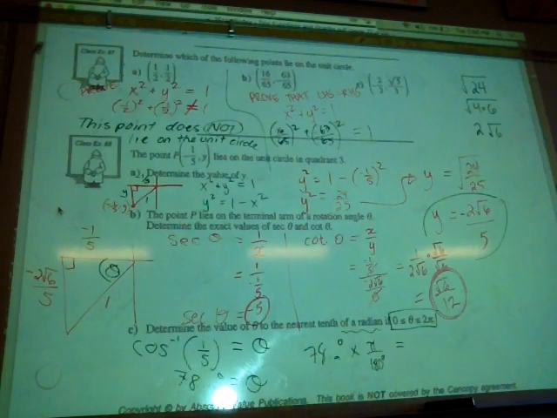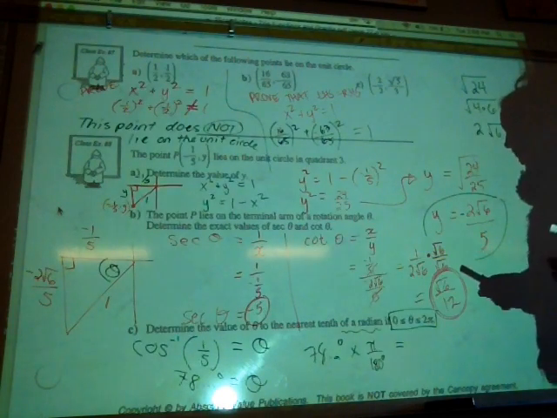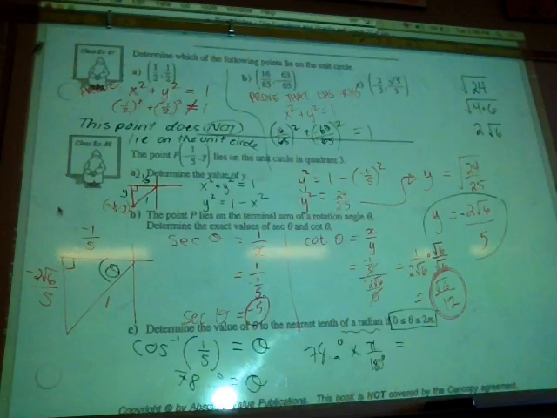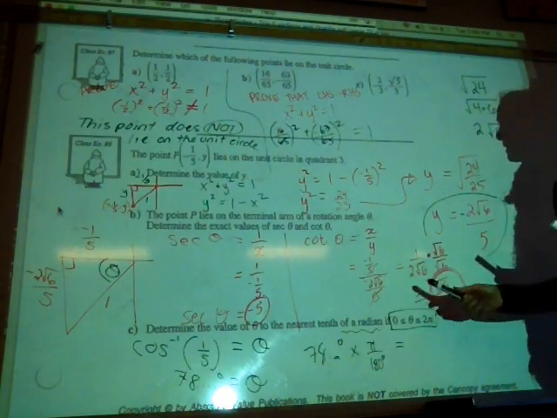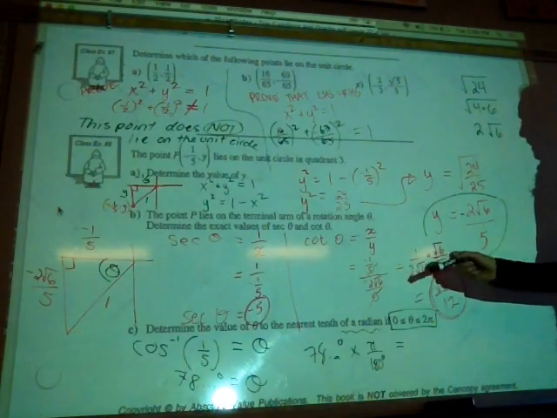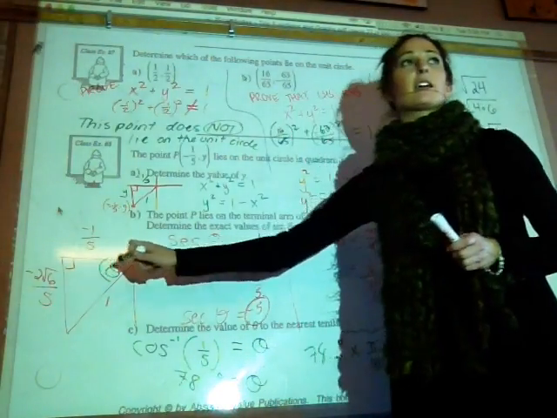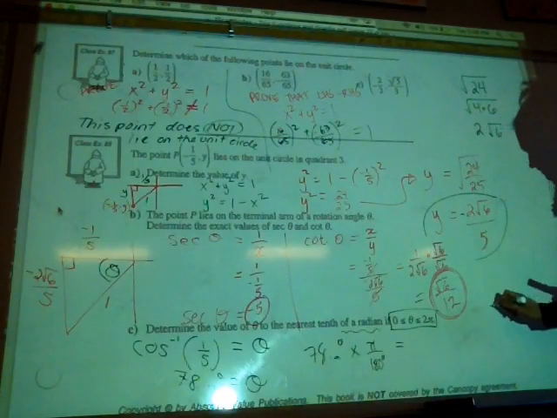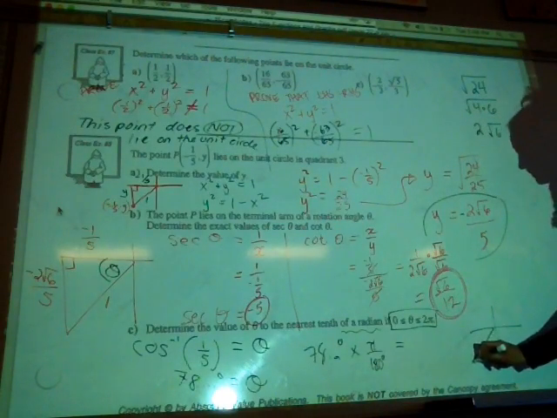Okay guys, my apologies. I just missed a little piece, and I'm kind of glad I missed it because this could be a very common mistake. We figured out this reference angle, but where's the angle actually going to?